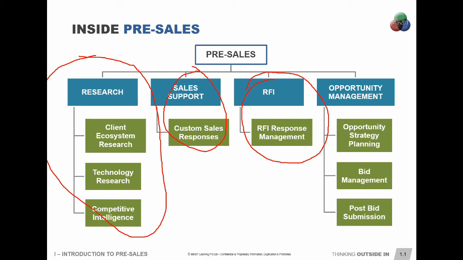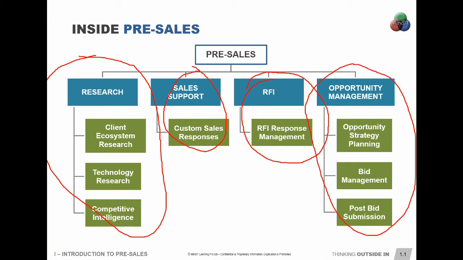Important nevertheless, because you want your organization to get shortlisted for future RFPs. As we get into larger organizations, typically there is a dedicated set of people who respond only to RFIs and nothing beyond. And finally, of course, you have the opportunity management.